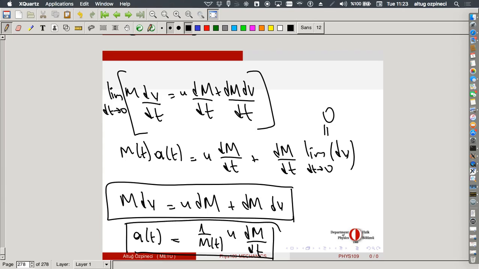This is also exact, because this is instantaneous acceleration. This is the instantaneous rate of burning fuel. This is again exact. If you don't take the limit dt goes to 0, the equality of this term to this term is approximate, but we always look at instantaneous properties. Most of the time we are interested in instantaneous properties.